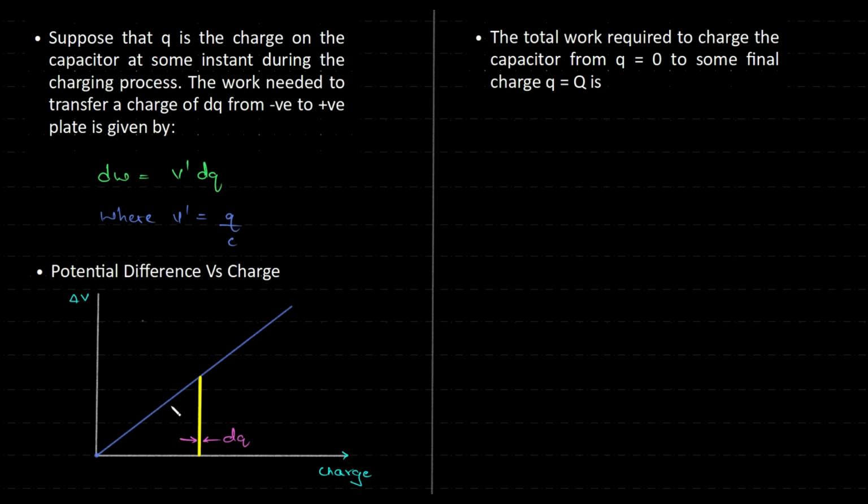Now the work needed to transfer dq is the area of this particular rectangle, right? Then this area will give us what? Yes, work that has been done till now.